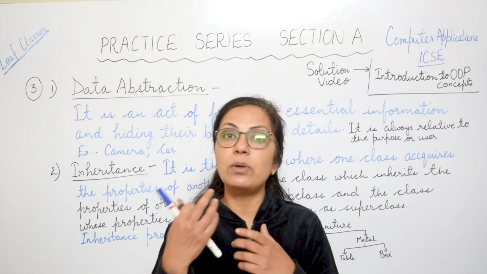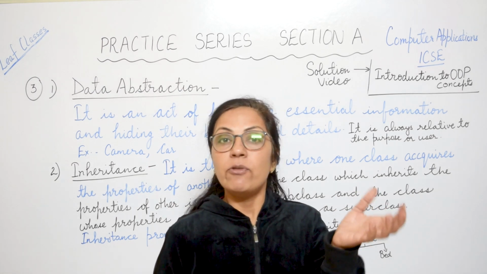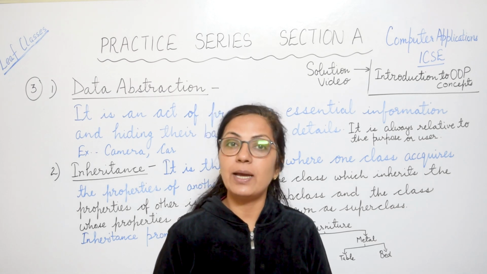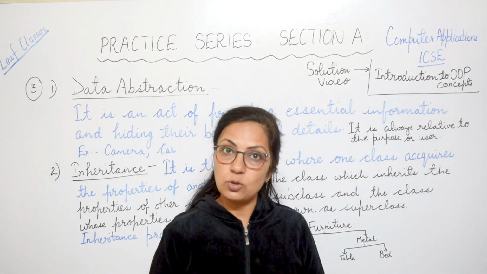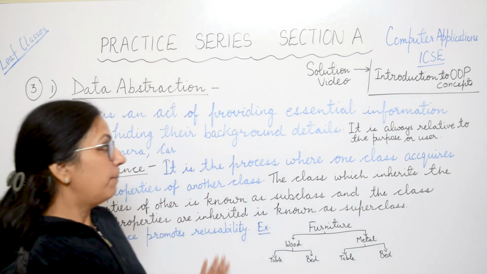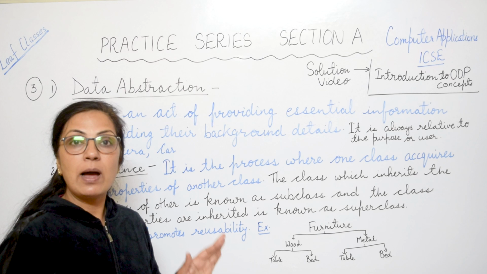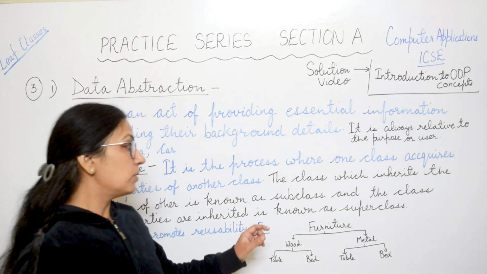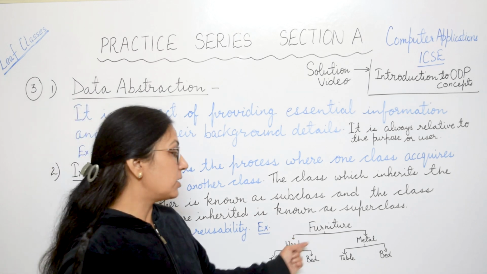We don't have to define that again. We can use the properties which are already defined in the base class or the super class. I hope these two definitions are clear to you. Please check what you have to write. Read the question carefully. Suppose the example is given furniture, wood, metal.